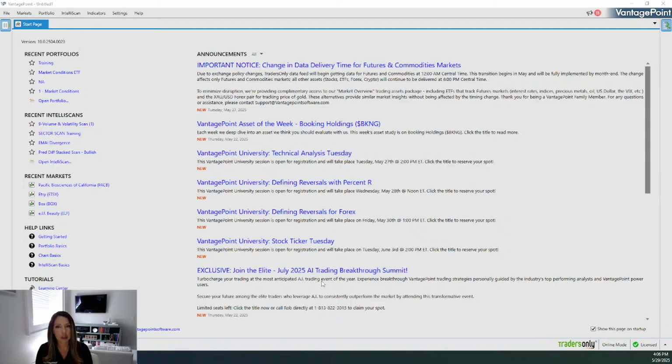We've got some really powerful indicators we're going to be looking at. Some of them you might be familiar with, just know they might look a little different because the VantagePoint technical analysis has the predictive data already built into the forecast and the indicators. Very exciting stuff. Let's dive on in.